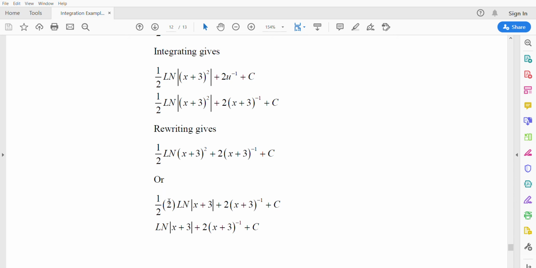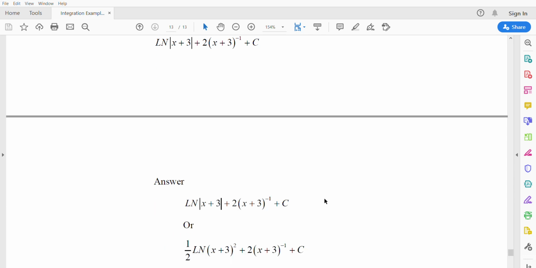So that gives me 1/2 times 2 times the natural log of the absolute value of x plus 3, and then plus my 2 times x plus 3 to the negative 1 plus a constant. And then the 1/2 and the 2 will reduce, and that gives me the natural log of the absolute value of x plus 3 plus 2 times x plus 3 to the negative 1 plus a constant.